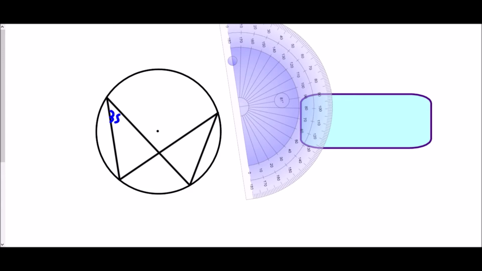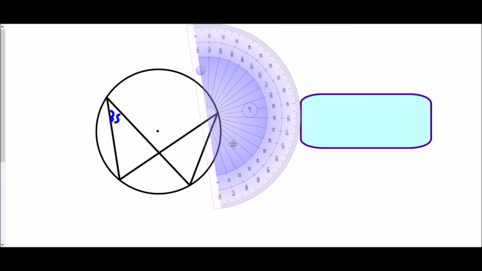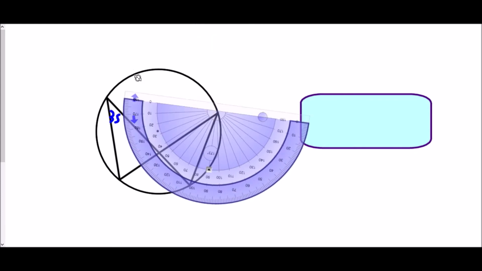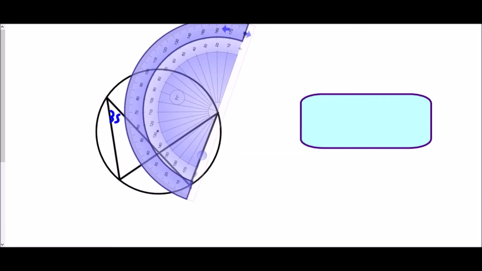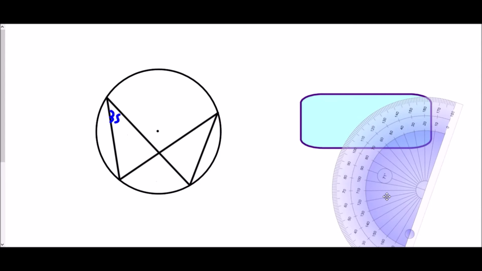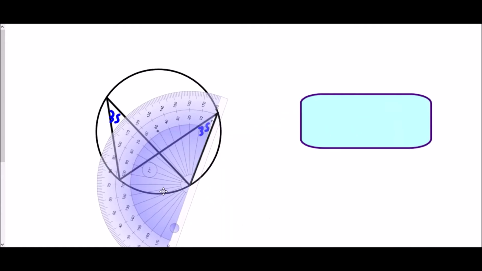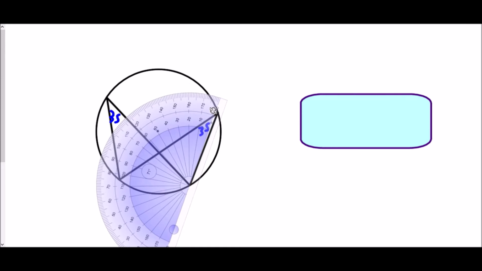And if I measure the same angle in this, then we turn the protractor around and we have, once again, 35 degrees. So this one and this one are both 35. And if I look at the bottom of those triangles, let's just turn that slightly.